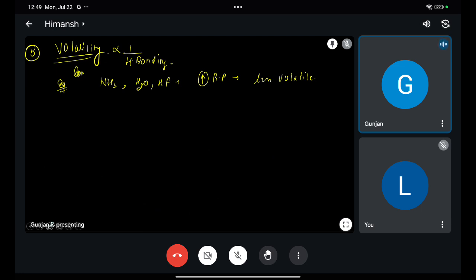Enthalpy of vaporization. Can you tell me whether enthalpy of vaporization increases or decreases with hydrogen bonding? It will increase.